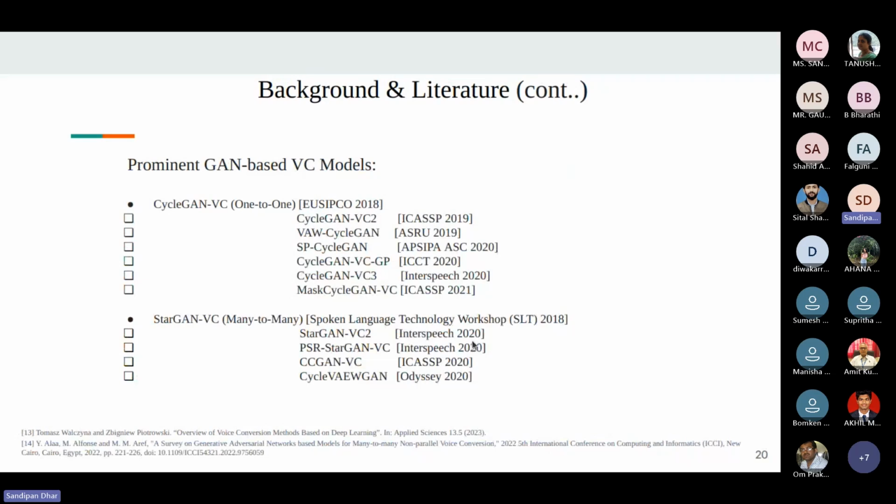Now, GAN was specifically being used in the field of image style transfer tasks. Then people borrowed it for vocal style transfer, because vocal style transfer and image style transfer are almost similar.